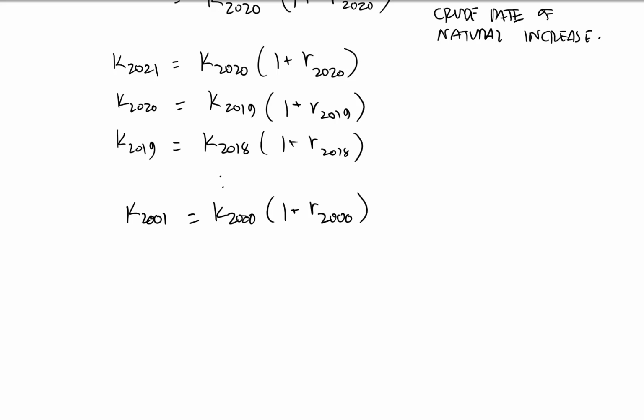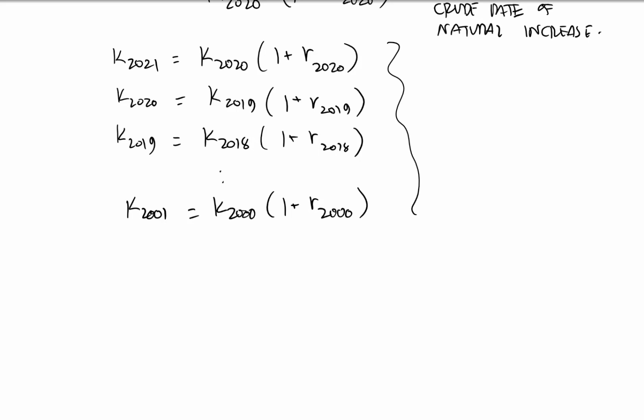Notice that we can combine all of these things. Here's a K 2020, here's K 2020. Here's K 2019, and there's a K 2019. So we can do a substitution.